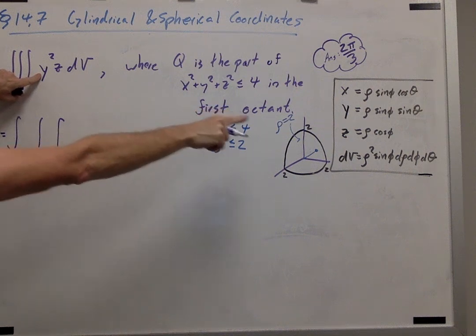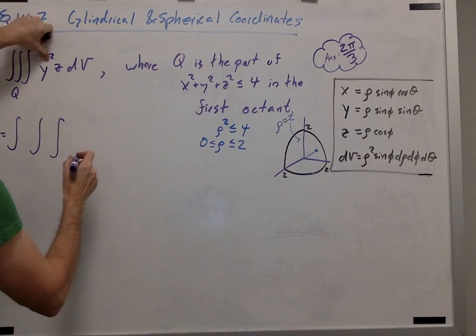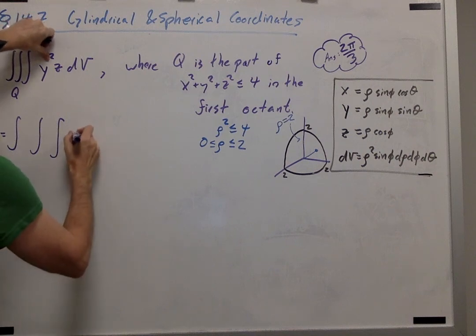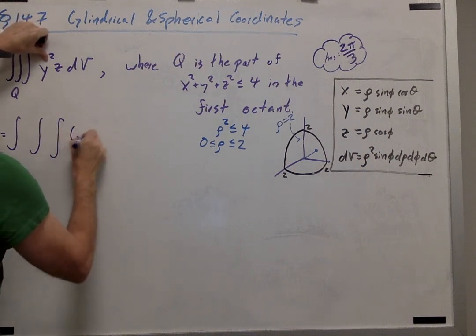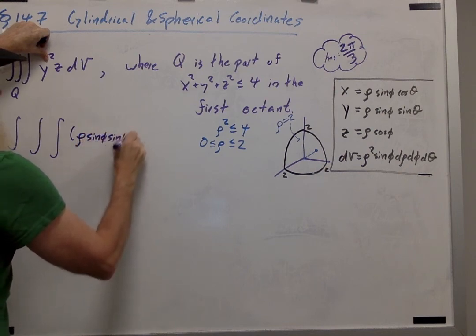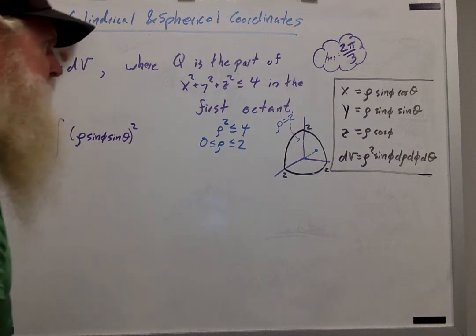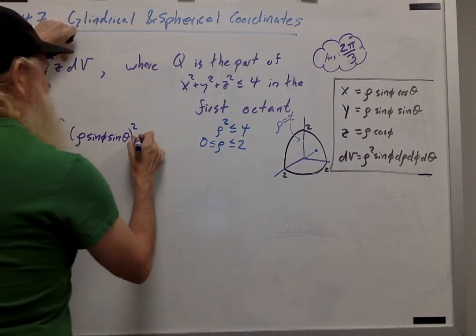We're going to use the formulas that we've memorized for spherical coordinates. y is the same as rho sine phi sine theta, and that gets squared. z is the same as rho cosine phi.